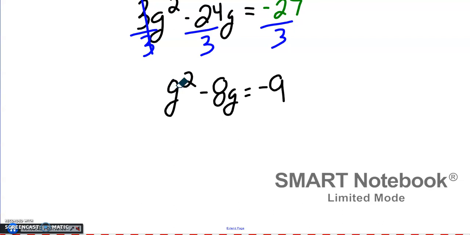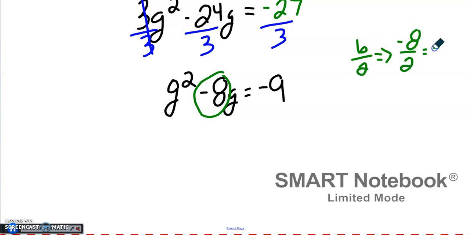We need to take half of that b value. Our b value is negative 8, so it's b over 2. This translates into negative 8 over 2, which is negative 4. We take negative 4, the whole value squared, which gives us 16. So we're going to have to add 16 to both sides.